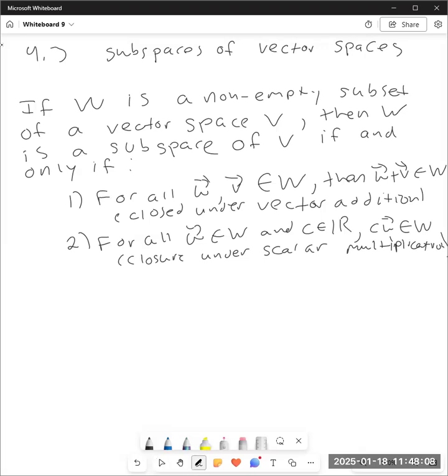Okay, so you just need the two closure axioms of the 10, which were number 1 and number 6 of our list of 10, as long as you know that W is a non-empty subset of the known vector space V. We have the list of known vector spaces from the last section: n by n matrices, n by m matrices, polynomials of degree n or less, Rn, those sorts of things.